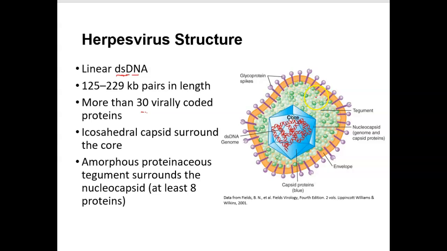So that's kind of like the matrix protein, and you've got lots of different tegument proteins here that are responsible for some roles very early in the infectious process, for antagonizing the innate immune system and for helping the virus traffic to where it needs to go. Then you've got your nucleocapsid, which is going to protect the genome, and the genome would be inside the core nucleocapsid.